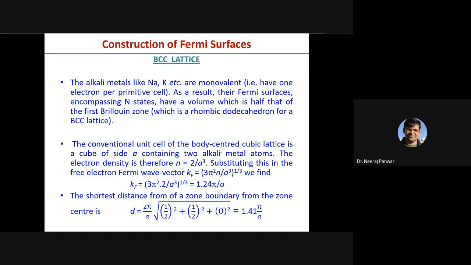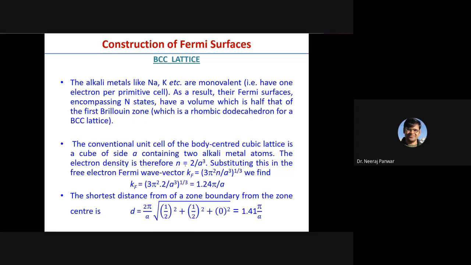The electron density is therefore, because each unit cell contributes 2 electrons, 2 divided by the volume of the unit cell. That would be the electron concentration.